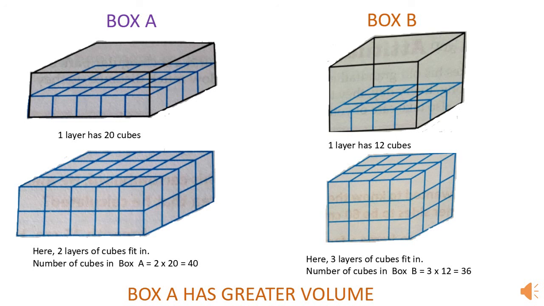So number of cubes in box B will be 3 into 12, that is 36. So which box has greater volume? That is box A has greater volume.